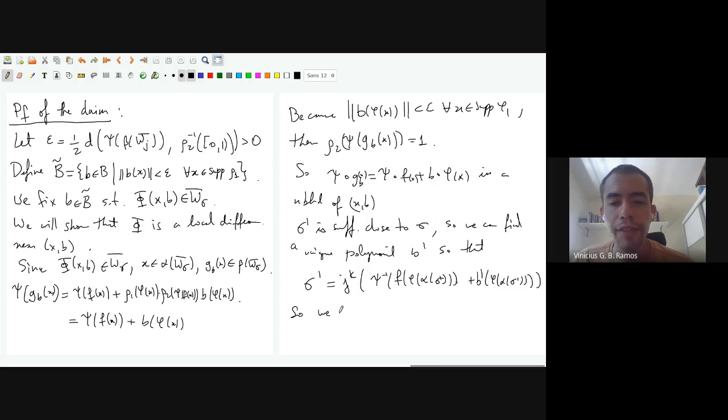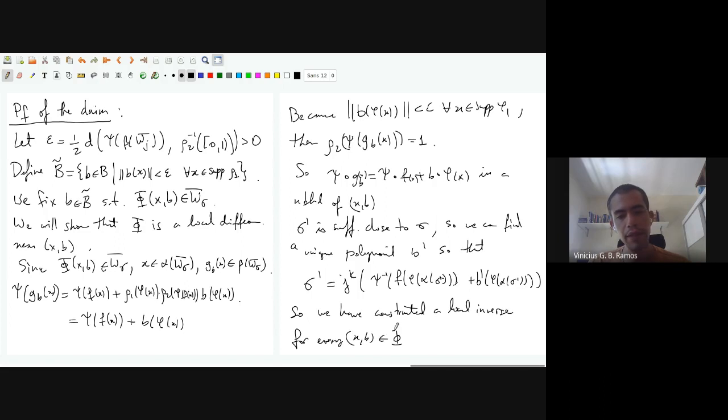So we've constructed a local inverse for every x, b in the preimage of W sigma bar. And therefore phi is transverse to W on W sigma bar.